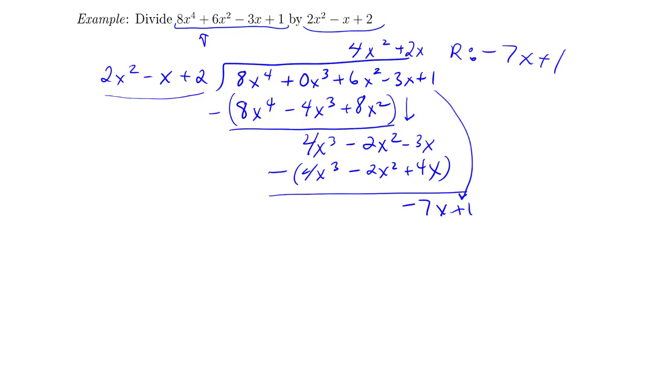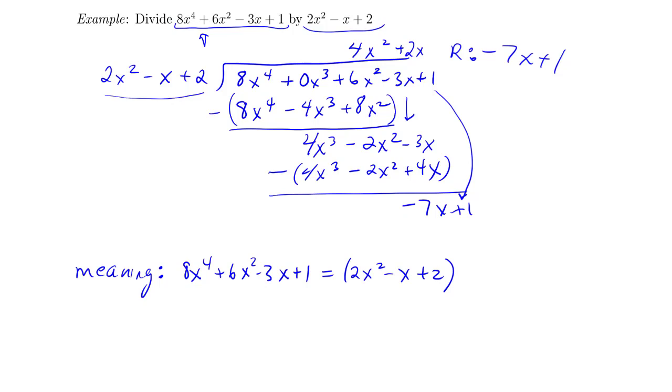Okay? Which means that the 8x to the 4th plus 6x squared minus 3x plus 1, I don't need the 0 term in there for this, equals, so that dividend equals the divisor 2x squared minus x plus 2 times the quotient 4x squared plus 2x, and then I still have a remainder of negative 7x plus 1.